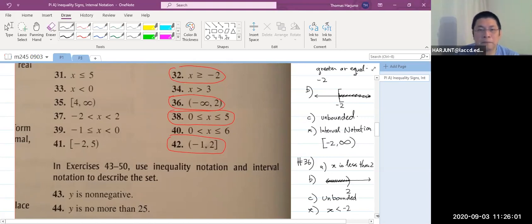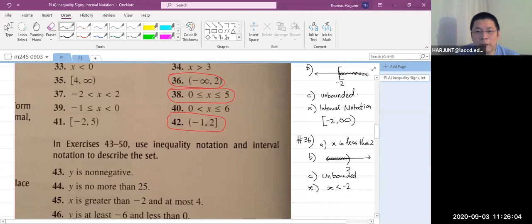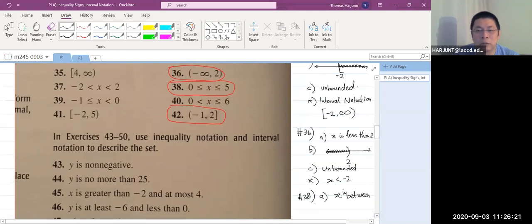Without the equal sign. Number 38. Okay. Part A, x is between 0 and 5 inclusive.